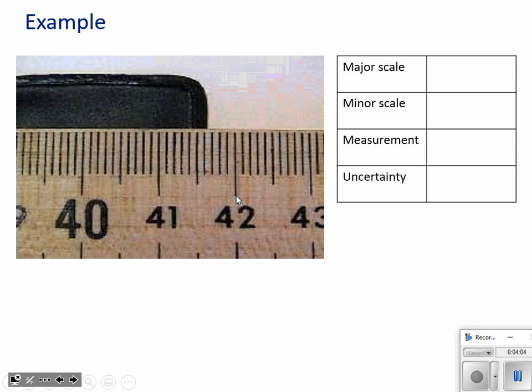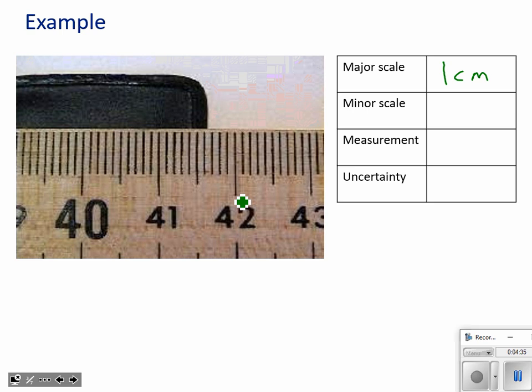So when I have my scale, my major scale is 1 centimeter. Now, how many dashes for my minor scale are between my major scale? Good, David. There are 10.